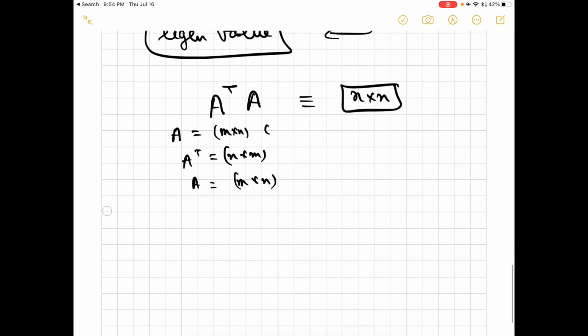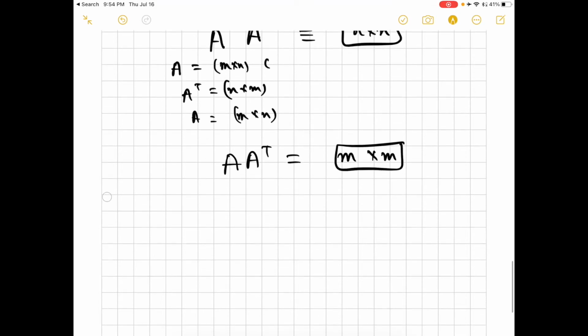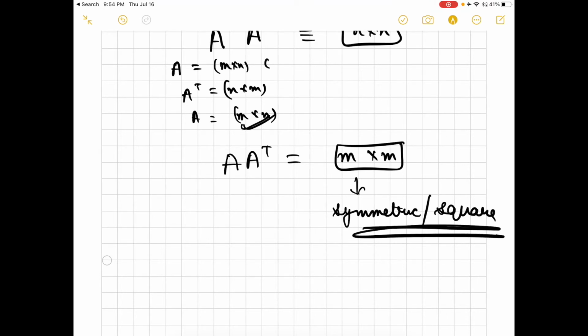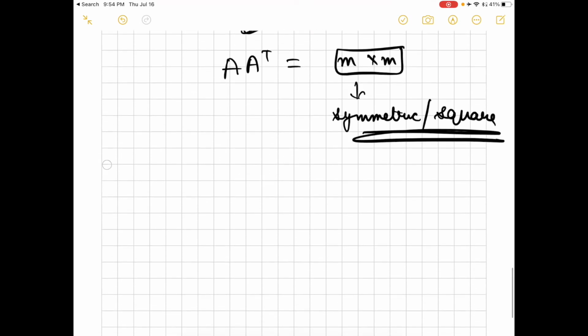Similarly, when we talk about A A transpose, we are going to end up with an m cross m matrix, which again would be symmetric as well as square, and as a result we would be able to apply the spectral theorem to obtain the basis.